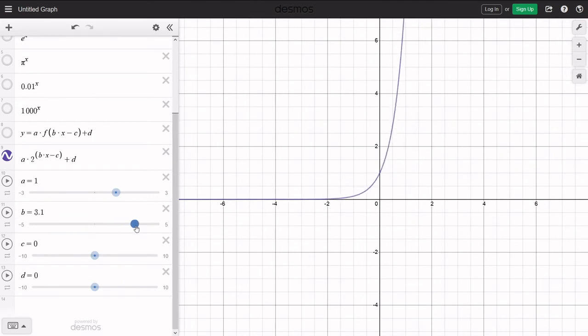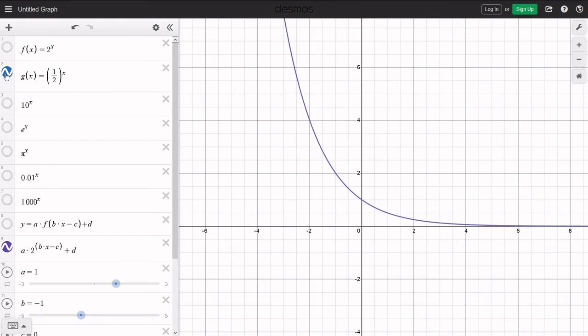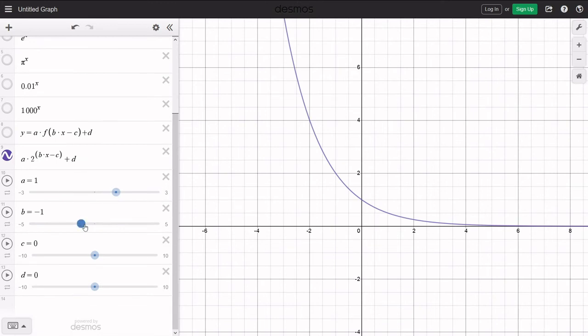It's a compression greater than 1, a stretch less than 1, and the negative is just a flip. And you can see here, when b is -1, that's the same thing as this 1/2 to the x. And I showed you that algebraically. Okay, let's look at c and d.